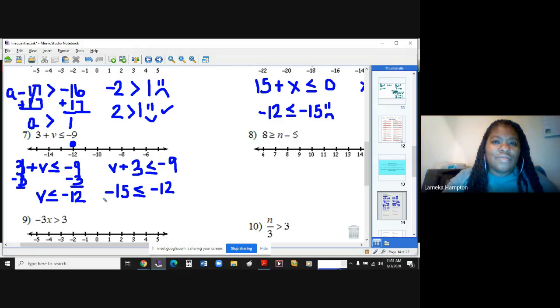It is true. No need to apologize. Like I said, we're learning as we go, and you all are doing a great job. So I want you to keep that momentum. So this is a true statement because if we compare negative 15, which is over here, to negative 12, negative 12 is the number that's closest to zero. So that means this is a true statement. So because it's true, we are going to put our solutions to the left, to the left.